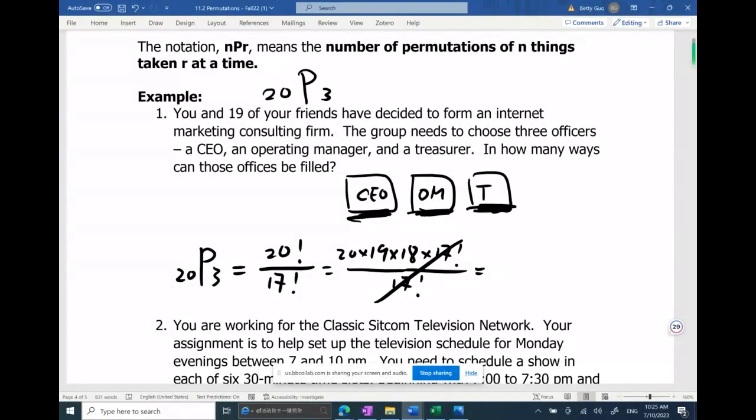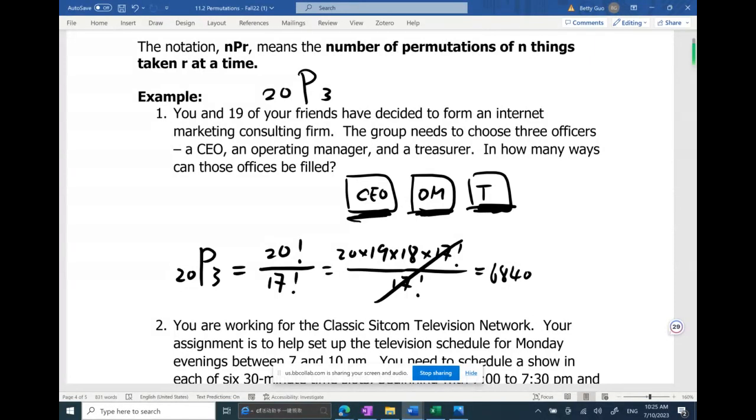Let's see, what is that? 20 times 19 times 18 gives us 6,840. If you don't mind, do those calculations. Or you can simply use the app in the TI-84 calculator.